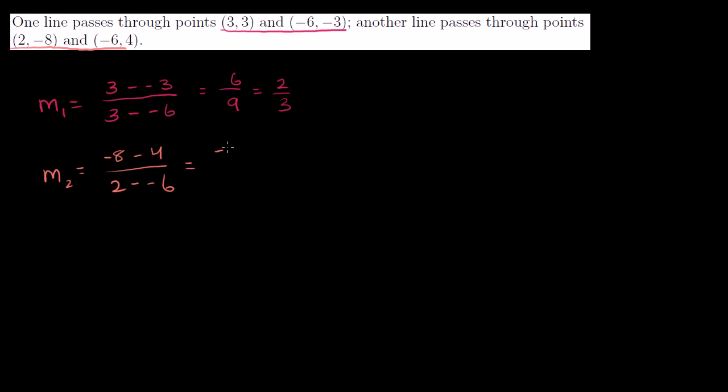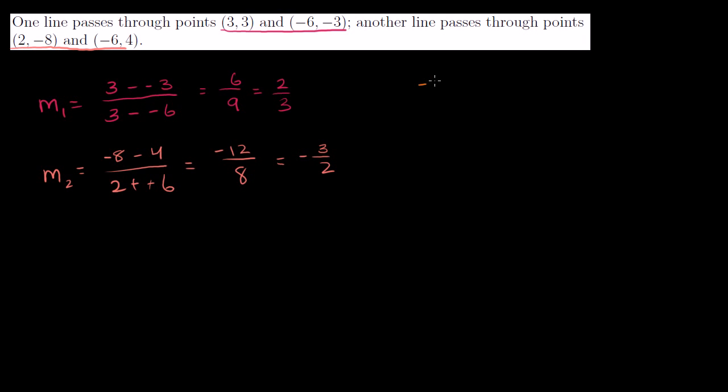Negative 8 minus 4 is negative 12. 2 minus negative 6, that's the same thing as 2 plus 6. Right? The negatives cancel out. So it's negative 12 over 8, which is the same thing if we divide the numerator and the denominator by 4. That's negative 3/2. Notice, these guys are the negative inverse of each other.